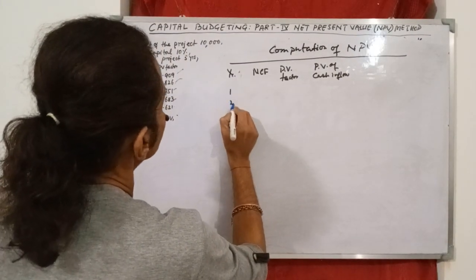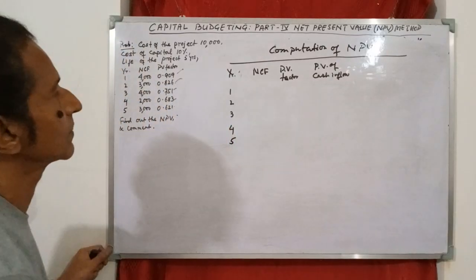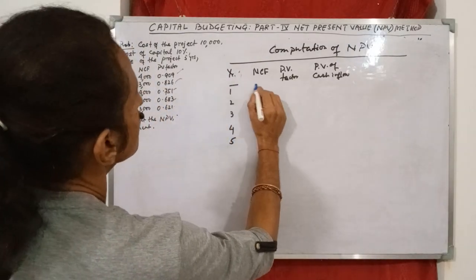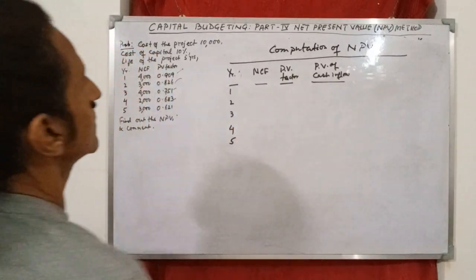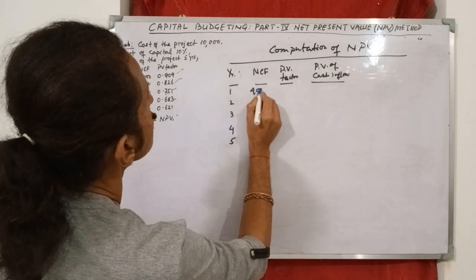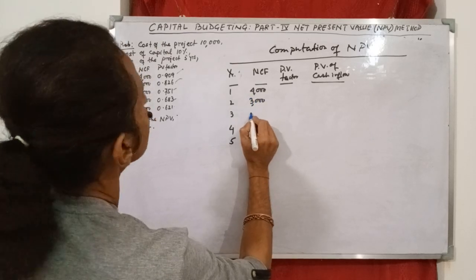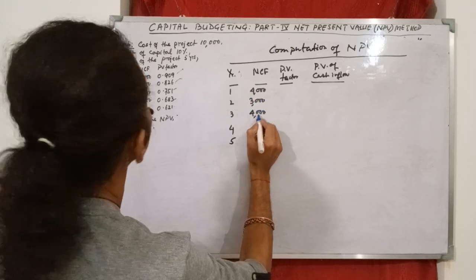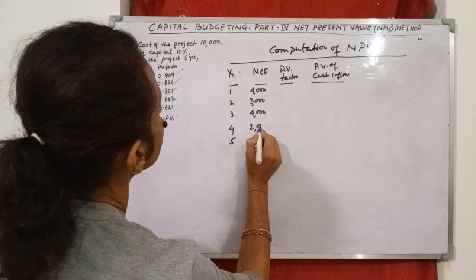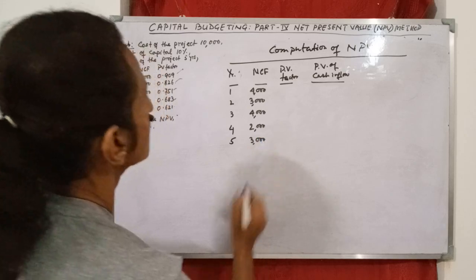Year 1, year 2, year 3, year 4 and year 5. Net cash flows are given as 4,000, 3,000, again 4,000, then 2,000 and finally 3,000.